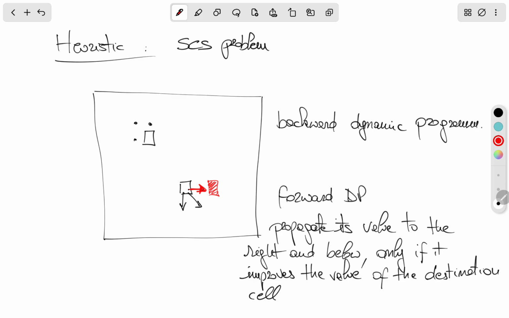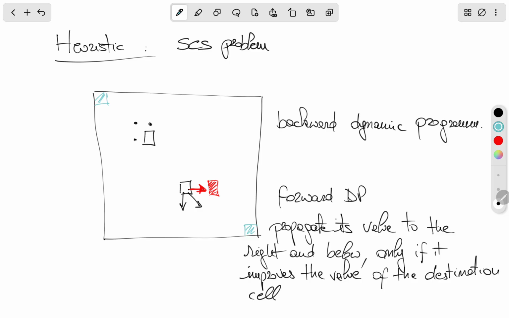And on this graph, finding the optimal solution corresponds to finding the shortest path from the upper left cell to the lower right cell.